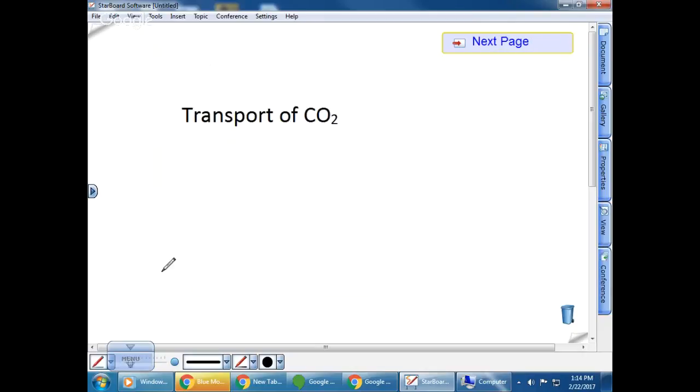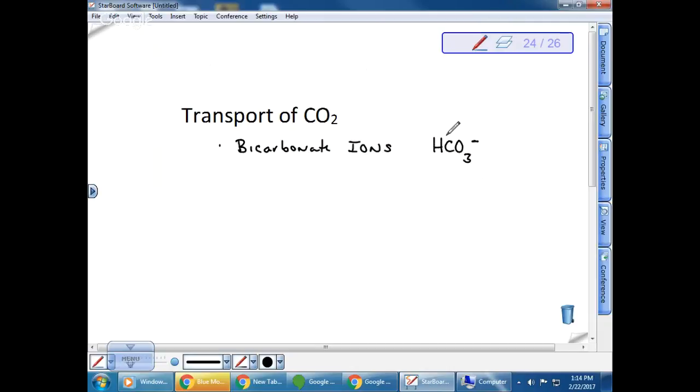Okay, so let's look at how we transport CO2. So the majority of CO2 is transported as bicarbonate ions. So this would be HCO3, okay, and this is in the blood plasma.